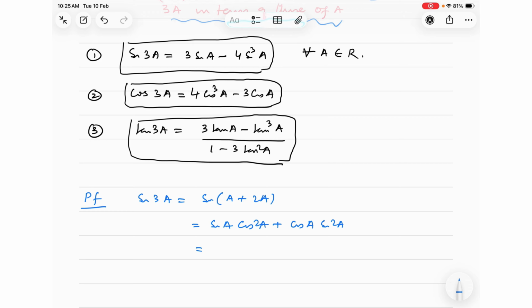Now what is the cos 2A formula in terms of sin A?